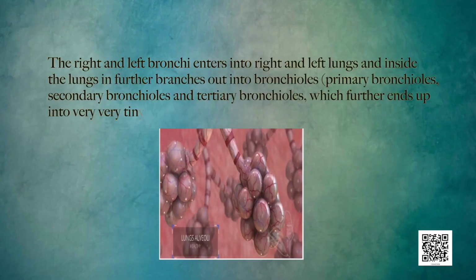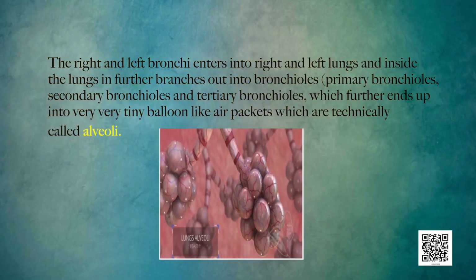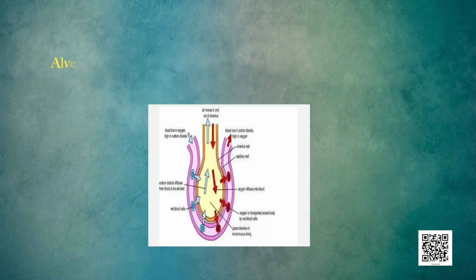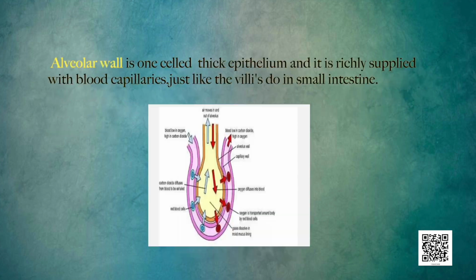What do they do? The right and left bronchi enter into the right and left lungs, and inside the lungs, they further branch into bronchioles. Primary, secondary, and tertiary bronchioles, which further end up in very tiny balloon-like air packets, technically called alveoli.